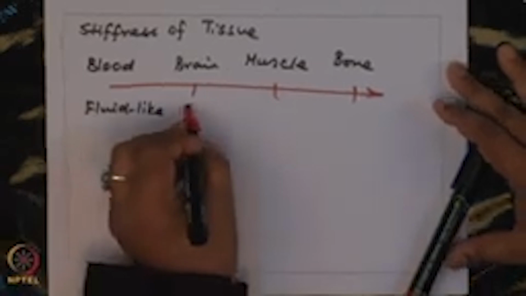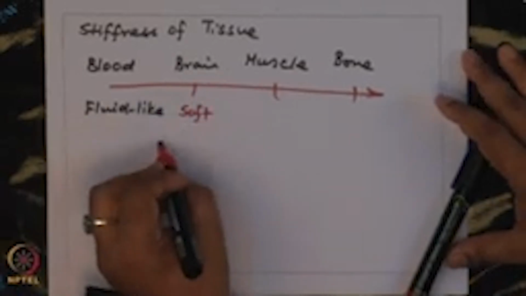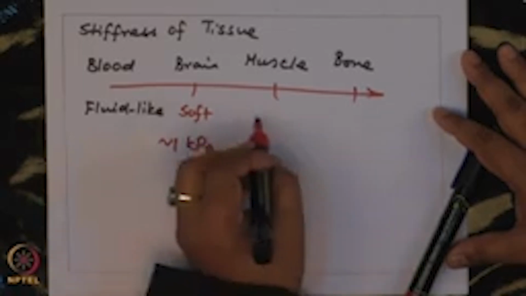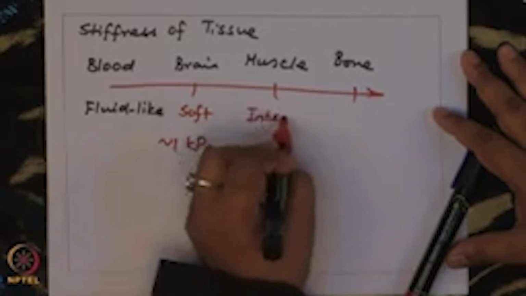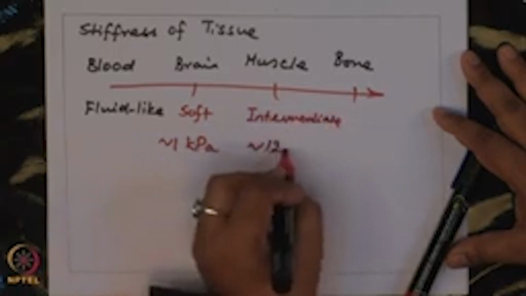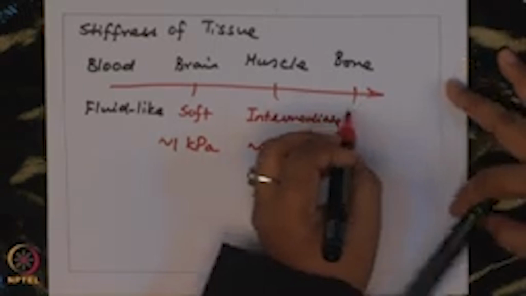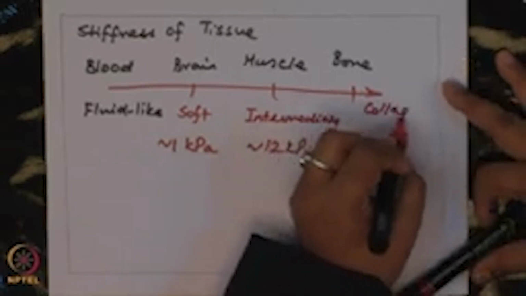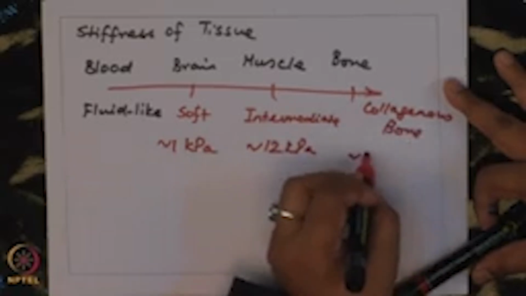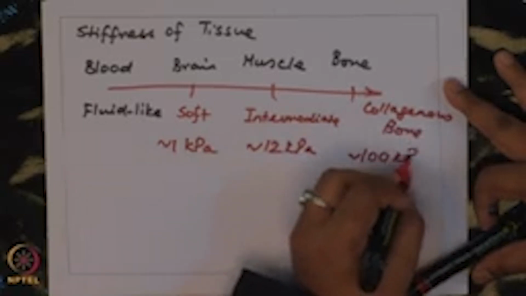Okay. Brain is soft. By soft, I mean order 1 kilopascal. Muscle is intermediate stiffness, order 12 kilopascal. And bone, rather collagenous bone, is stiff, it's order 100 kilopascals.